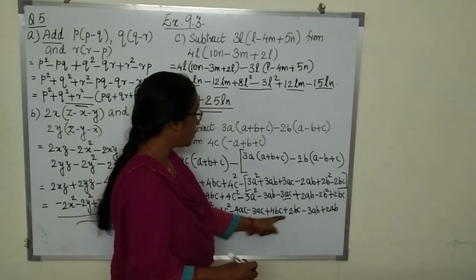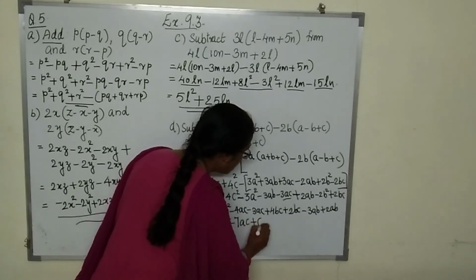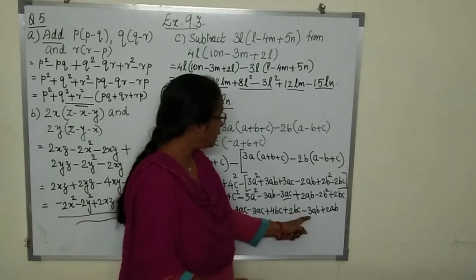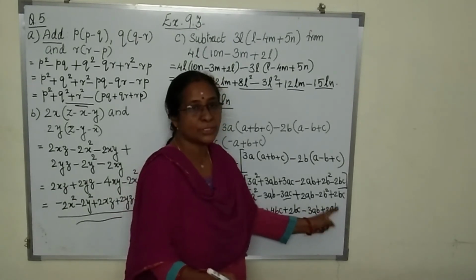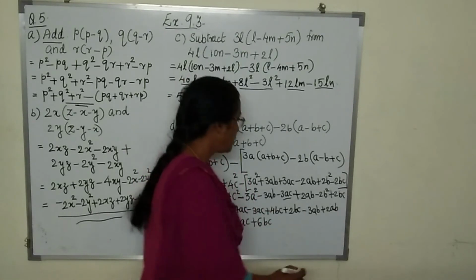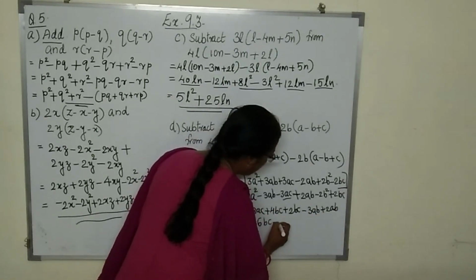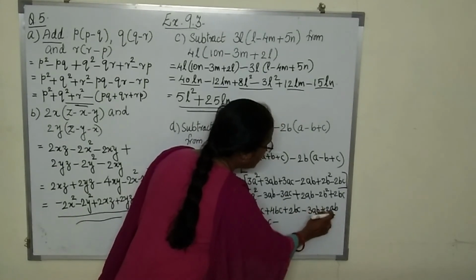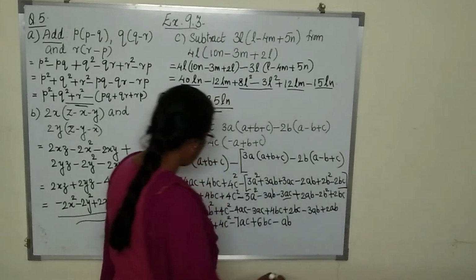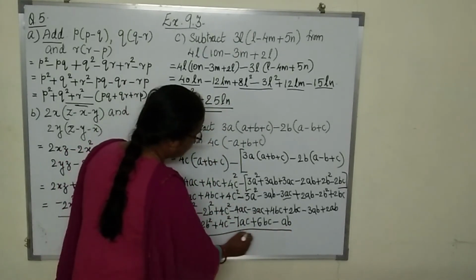Here plus 4 plus 2, what will you get? 4 plus 2, 6bc. And the last one, minus 3ab and plus 2ab. One is negative and the other is positive, so it will take the bigger number's sign, that is minus. Subtract 3 minus 2, 1. So 1ab, which is written as ab. Now this is the answer.